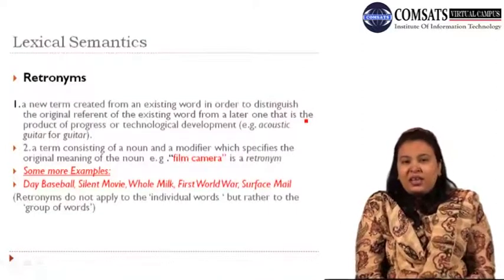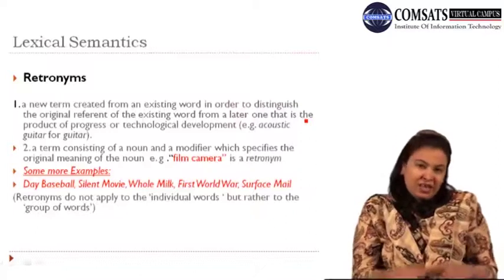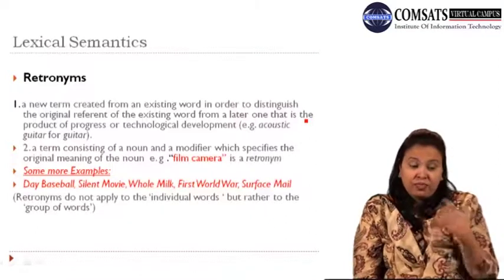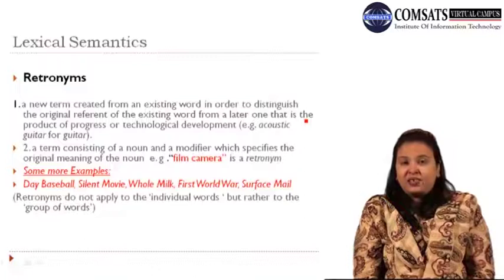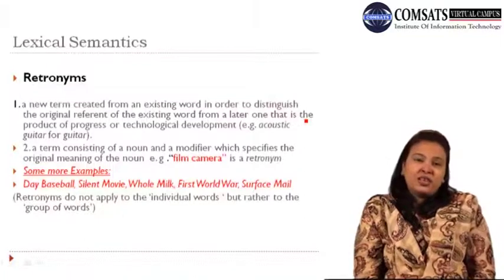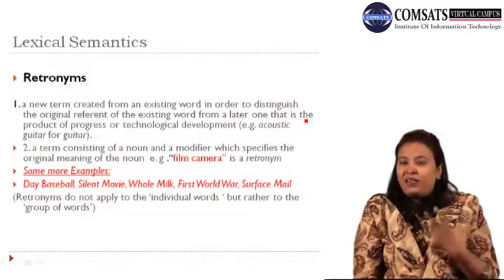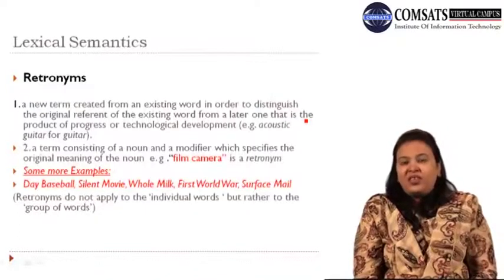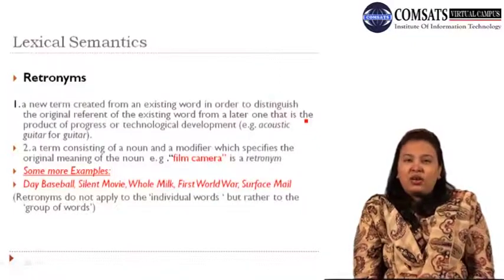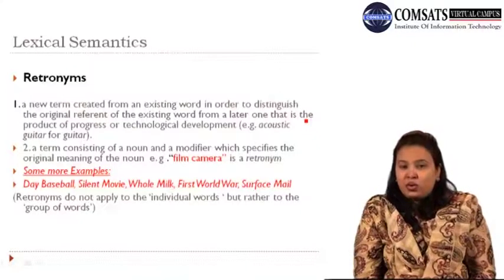So on the basis of certain importance factors, certain events or some technological developments, we develop some combination of words which are known as retronyms. But at the same time, retronyms do not apply to individual words, but rather to a group of words.